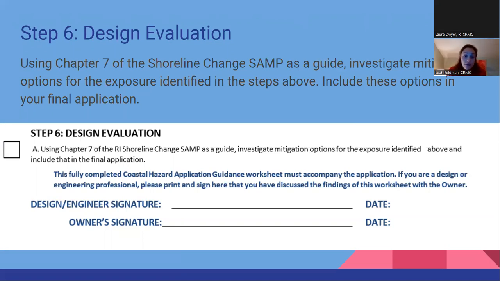Design evaluations can include relocation of the site if the site really doesn't seem right anymore, fortification, and/or you might employ some other alternatives to accommodate the risks that have been identified, coastal hazard impacts. Whatever alternative you choose that comes up from this process should minimize risk from coastal hazards and avoid or minimize impacts to coastal resources.